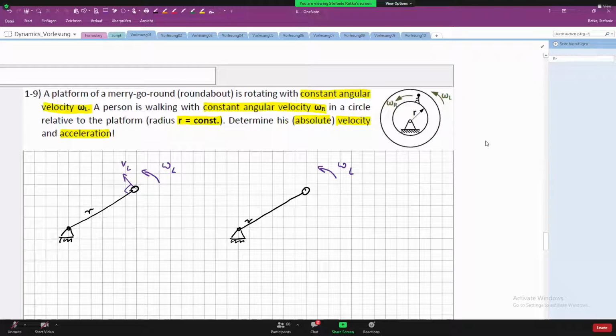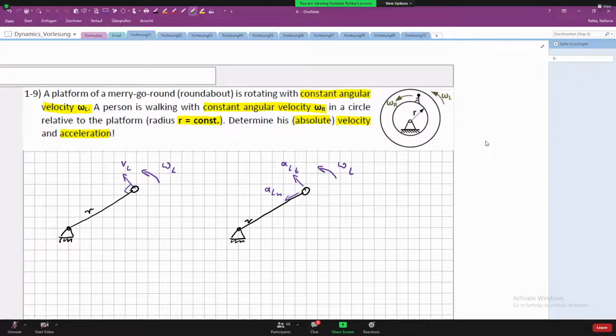And exactly, you are already discussing this in the chat. Omega is constant, so the angular acceleration is 0. We can neglect the vector right away, or we can just draw it in the figure and then state later on that they are 0. So both ways are correct. And I will draw them all in the figure, and then we will talk about this in the solution. So we have a tangential and a normal component of leading acceleration.